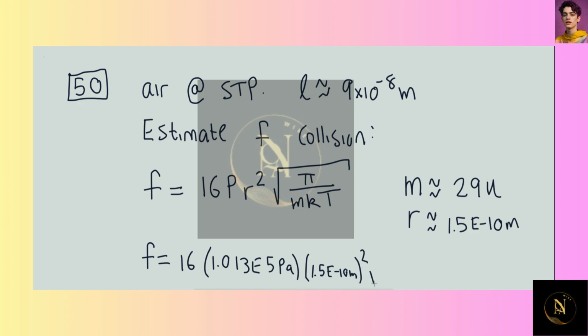Radius, root pi over 29 times 1.66 times 10 to the negative 27 kilograms. The Boltzmann constant, 1.38 times 10 to the negative 23. It's getting messy. And finally, our standard temperature, 293 kelvin.